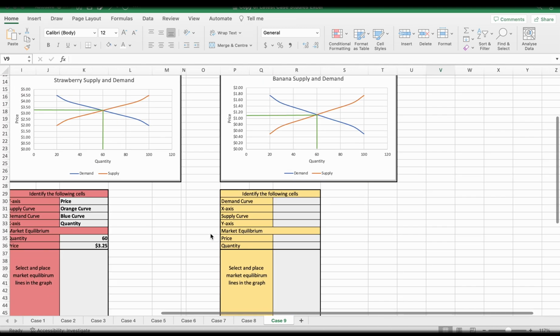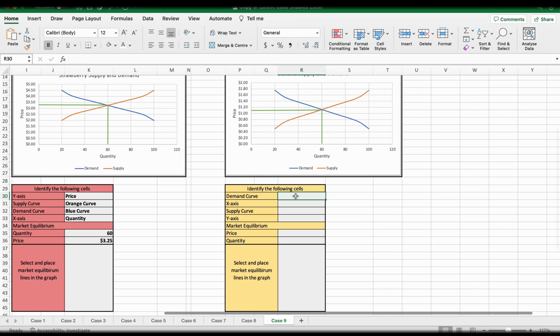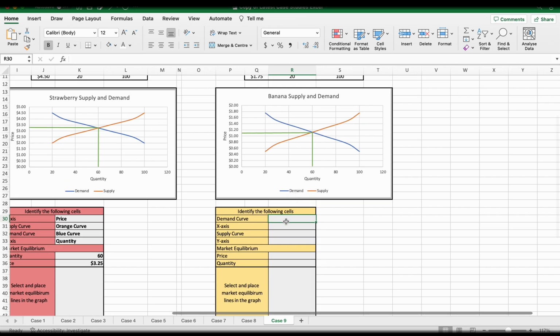Now let's answer the following cells. So based on the generated graph, we need to answer the following cells. The demand curve is going to represent the blue curve. X axis is the quantity.